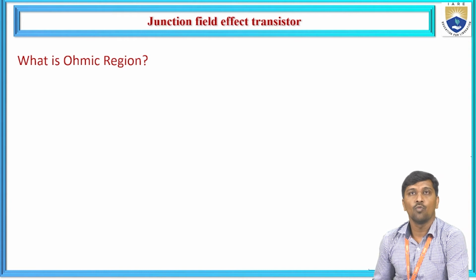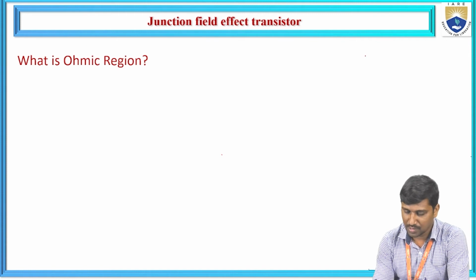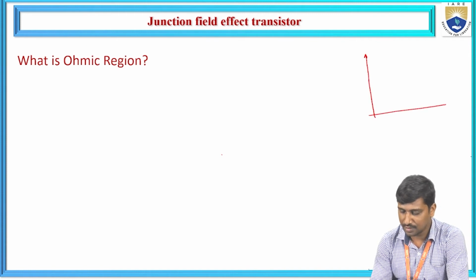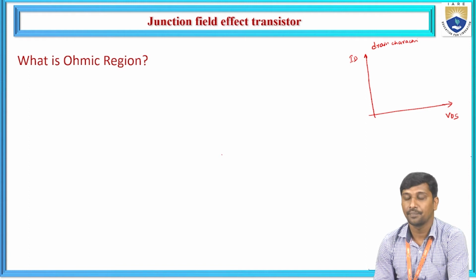Now, what is the ohmic region? This ohmic region should be observed from the drain characteristics. So suppose I draw the drain characteristics of the FET, drawn between drain to source voltage and the drain current.